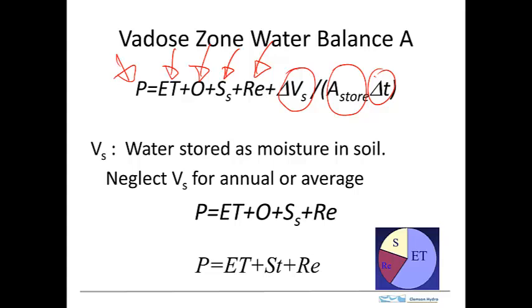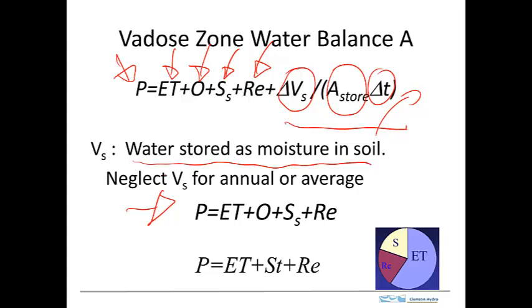Okay, so the volume stored is going to be conceptually here as moisture in the soil, and so we can have that as a conceptual understanding. And also, if we take the long-term average, then we can set this equal to 0, and we get this as a simplification.